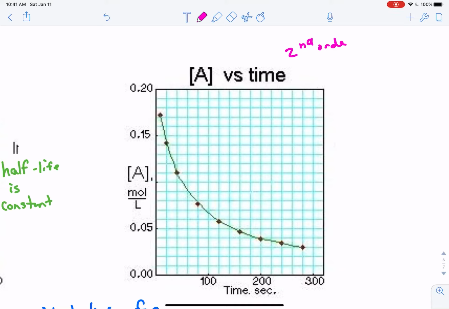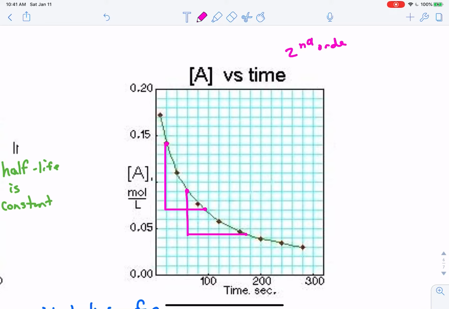So like if I pick, let's say, 0.14 to 0.07 versus, I don't know, 0.9 to 0.45, notice my time has gotten longer. And so they don't have to be half of each other.